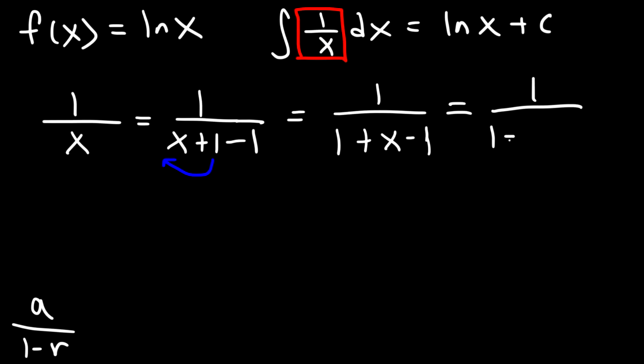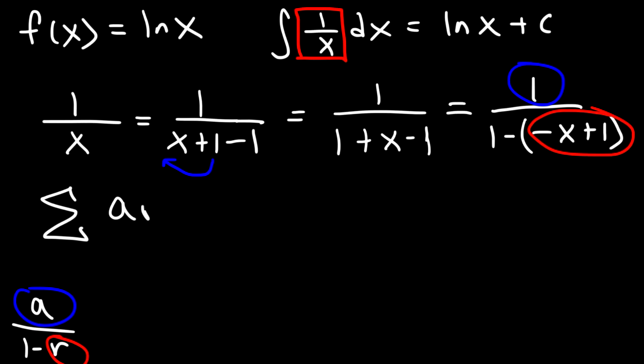So it's going to be 1 minus, and then the positive x is going to change to negative x. Negative 1 is going to change to positive 1. So now it's in this form. We can clearly see that a is equal to 1 and r is negative x plus 1.